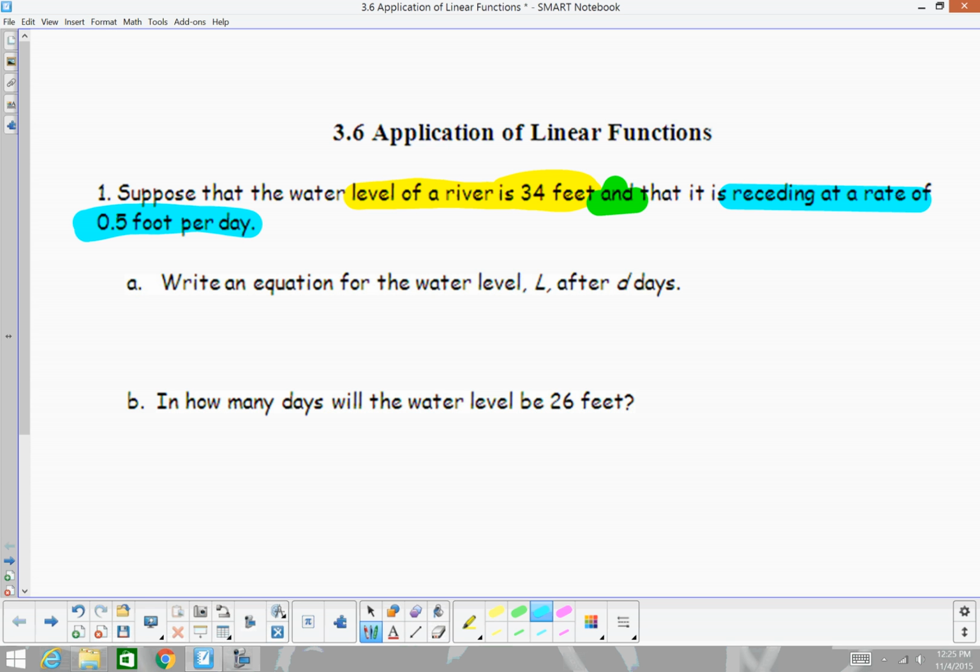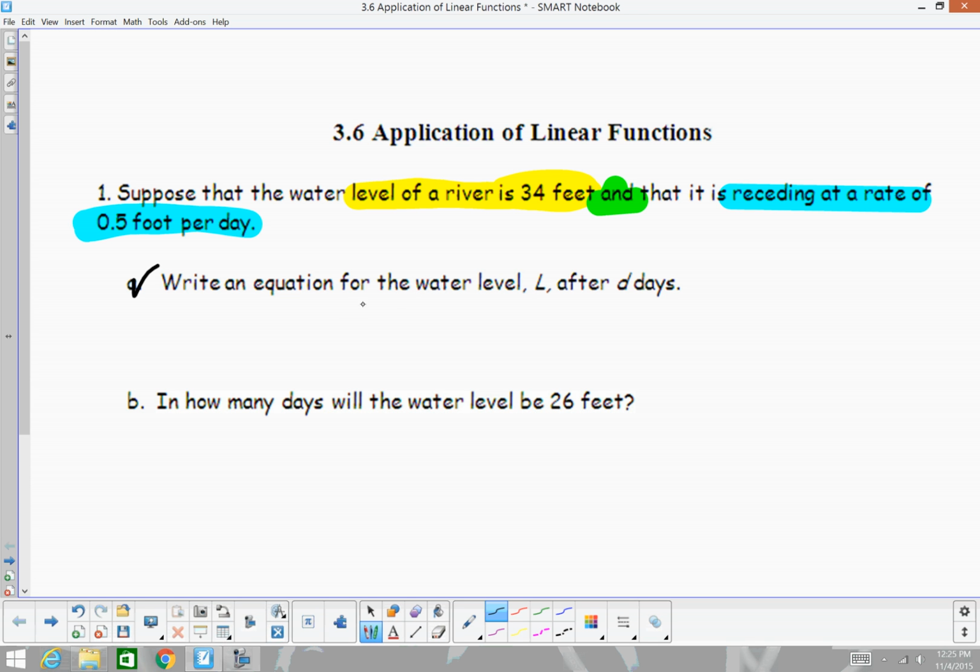Okay, so now that I kind of pulled out the important information, I want to go ahead and translate it algebraically to numbers, okay, and operations, and a variable. Okay, so the level right now of the river is 34 feet. So part A, okay, part A is asking me to write an equation. It's asking me to write an equation in terms of L after D days.